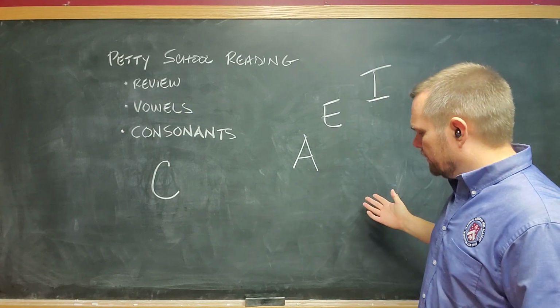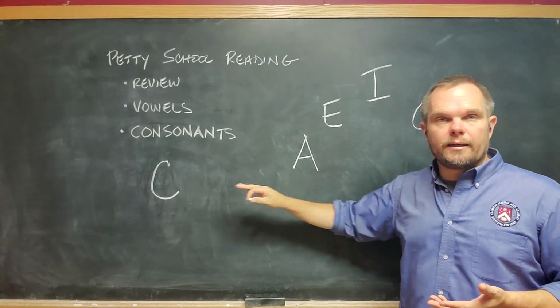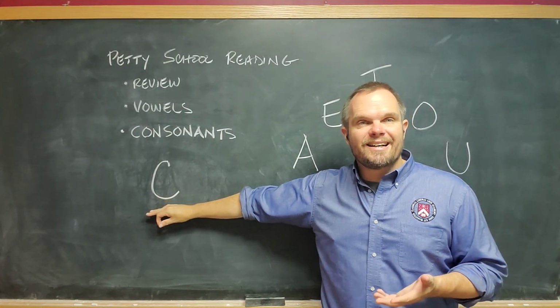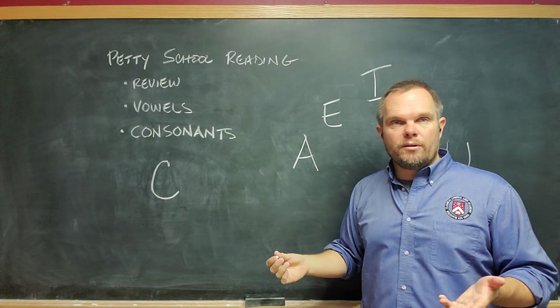What we're going to do here, very simply, is make syllables by combining our consonant k with each of our 5 classical vowel sounds.